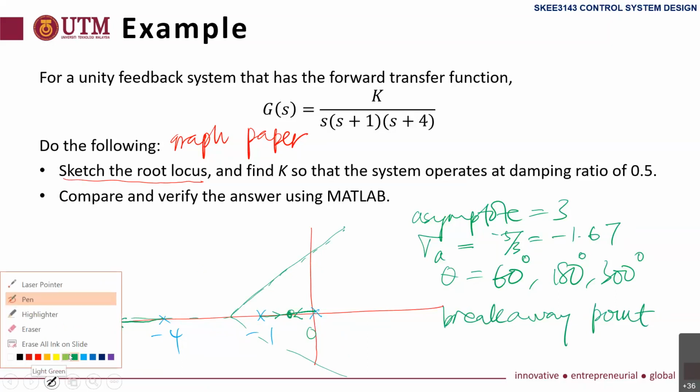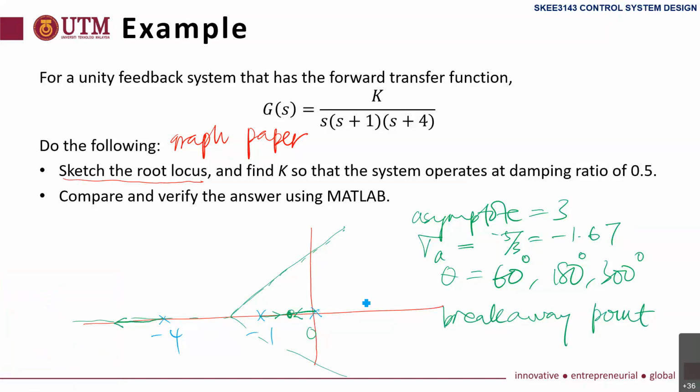Finally, it is like this and like this, and this one goes here. So this is the sketch that we can obtain. If you do it on graph paper, it will be clearer.